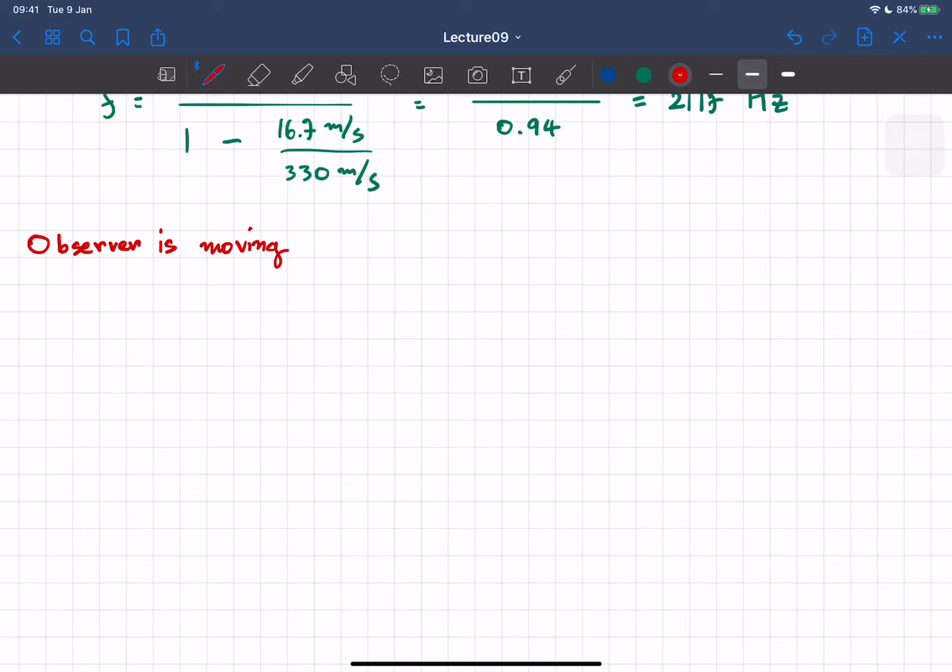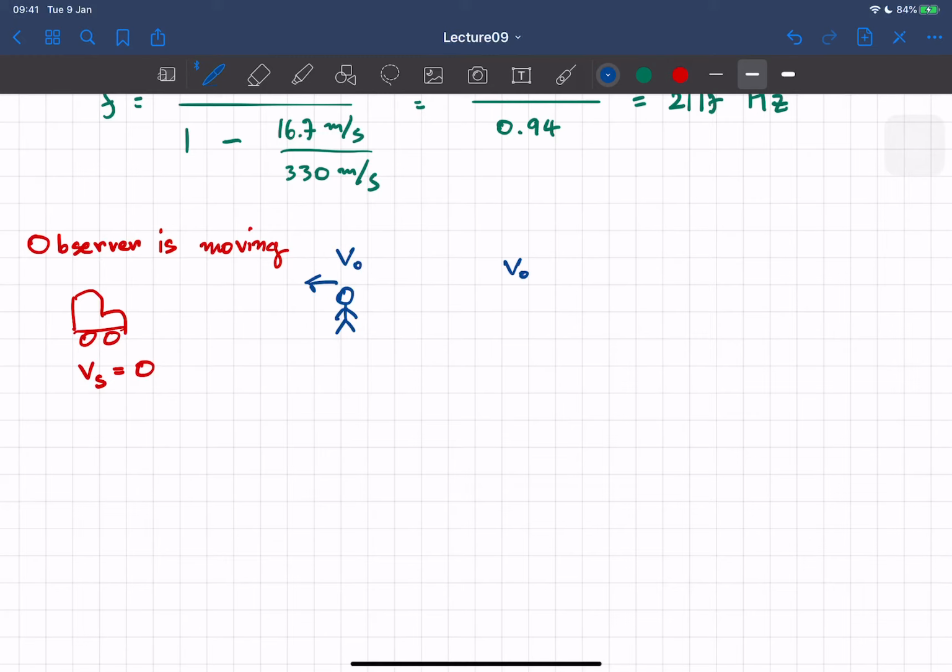So the observer is moving. That means the ambulance in our case is moving with zero velocity, so Vs is equal to 0. And now the observer, which is here, let's say the observer starts to move into the source itself, right? So we need another velocity to indicate that. So we're going to use V0 here.